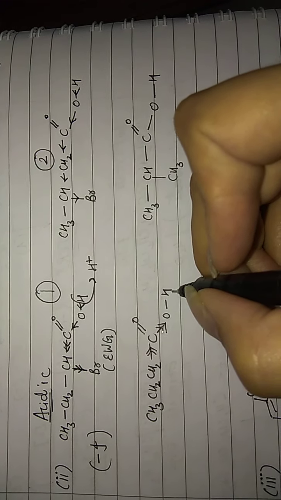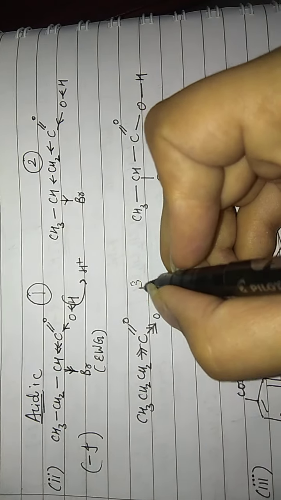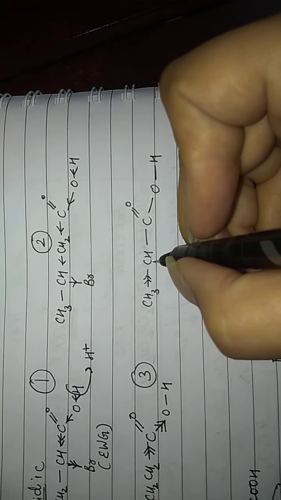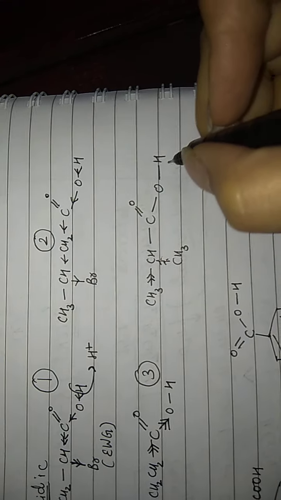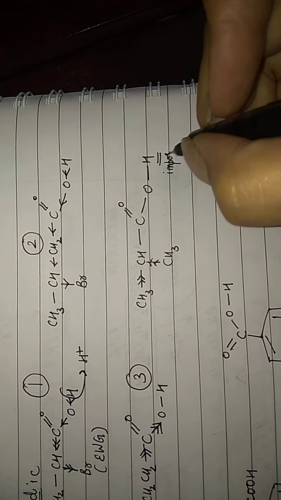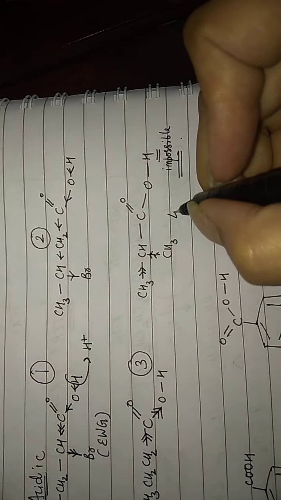So release of proton is difficult in this compound. So this comes on the third number, whereas this one, which is having two electron donating groups, the release of proton is almost impossible. Fine. So this is least acidic.